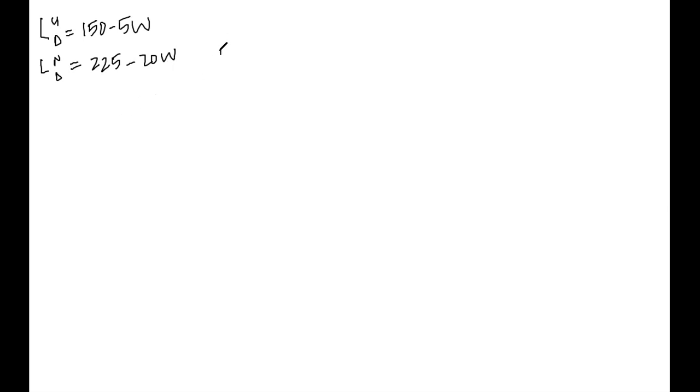And then LNS is 75 plus 5W. They also told us that the wages for unions is $10 an hour. And currently the union sector has a labor level of 100.